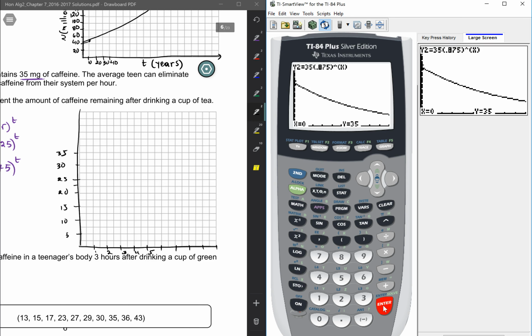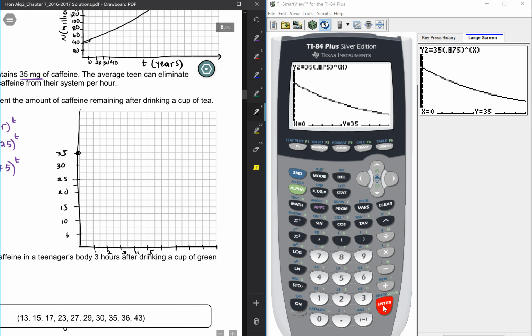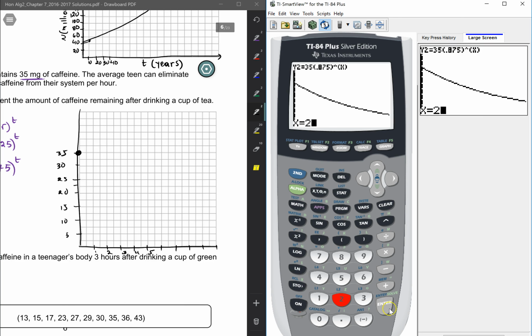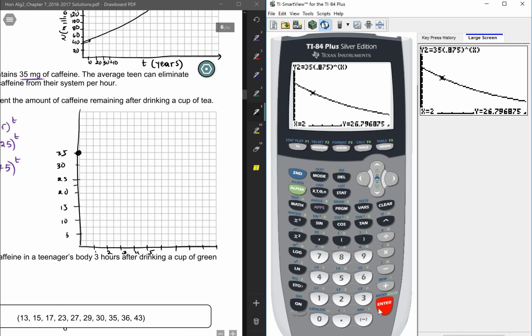So when x is 0, it's at 35. When x is 2, it's 27, and so on. Okay, press trace.